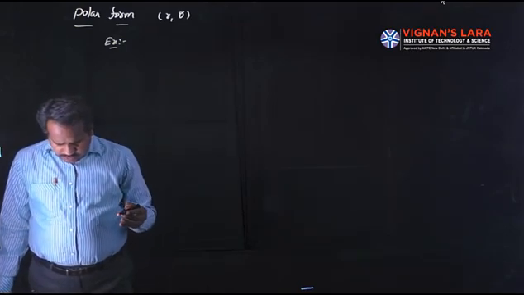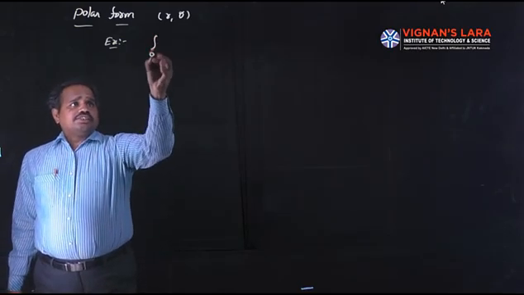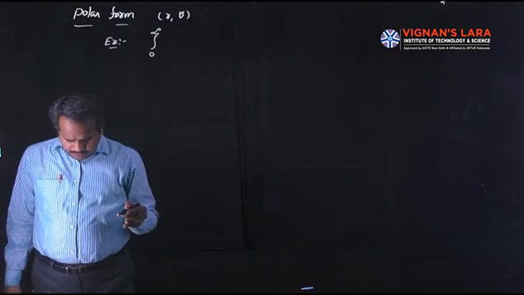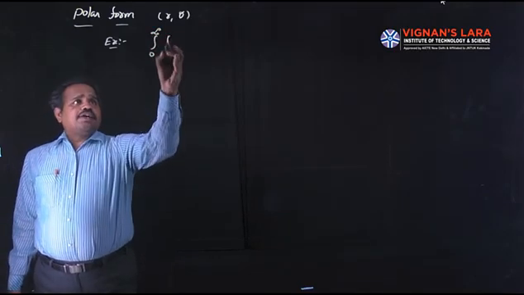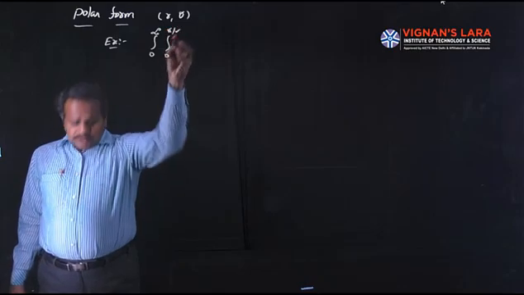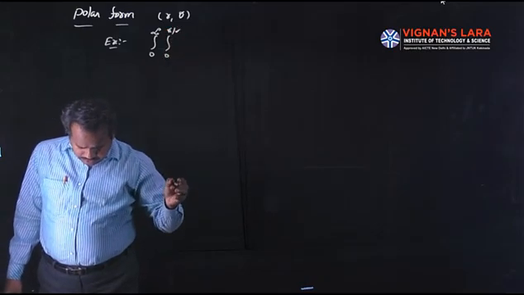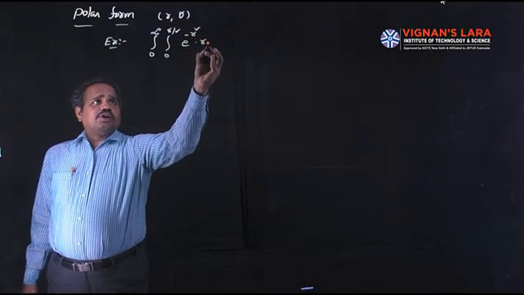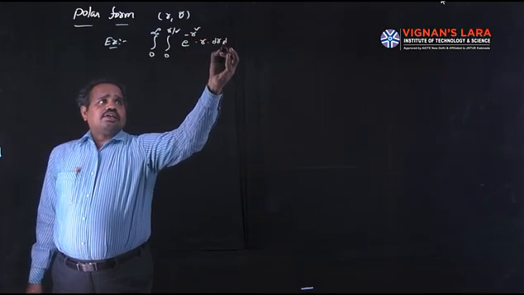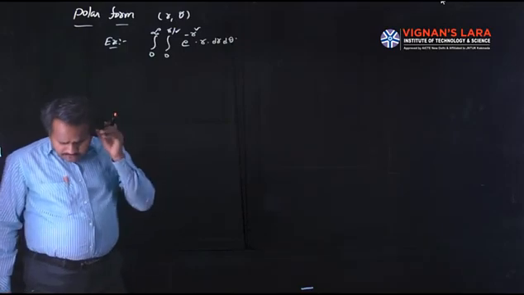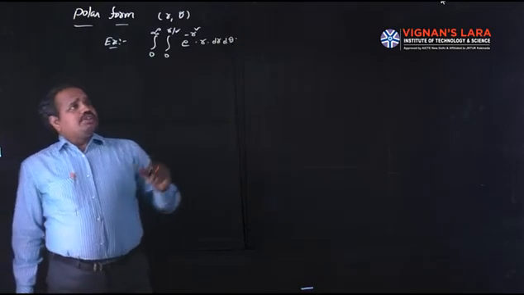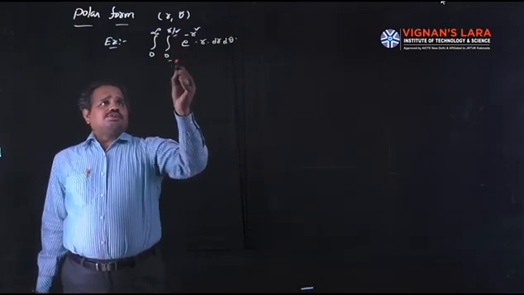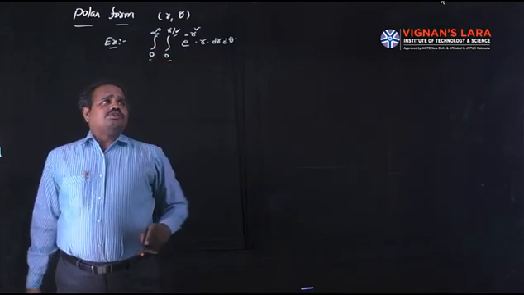So example: integral 0 to infinity, 0 to pi by 2, e power minus r square into small r dr d theta. Here if you observe, theta limits are 0 to 90, r limits are 0 to infinity.